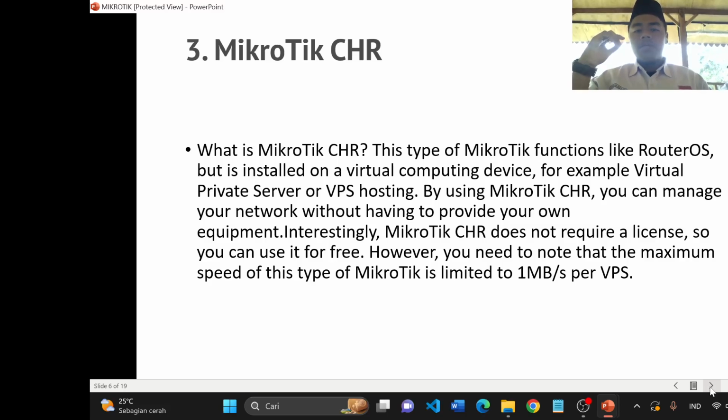By using Mikrotik CHR, you can manage your network without having to provide your own equipment. Interestingly, Mikrotik CHR does not require a license, so you can use it for free. However, you need to note that the maximum speed of this type of Mikrotik is limited to 1 megabit per second.